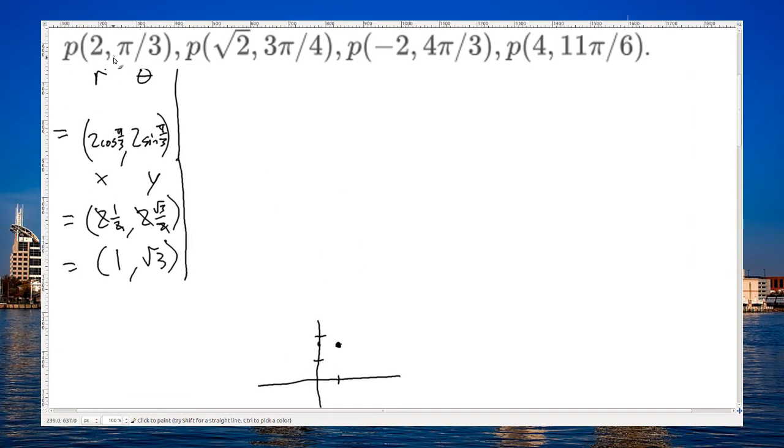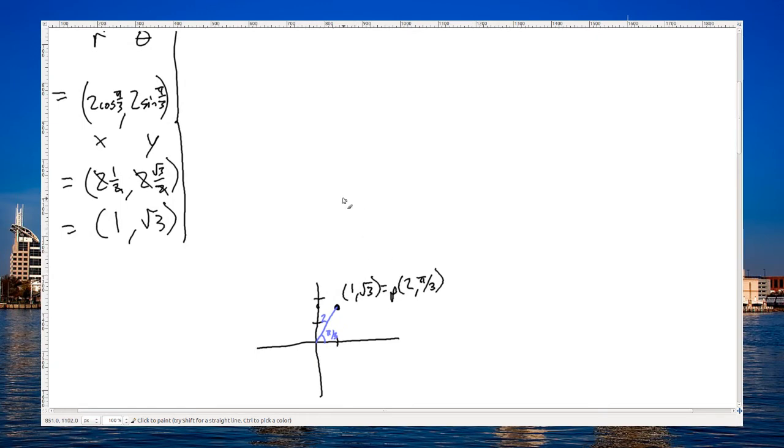But remember, you can also think of this as rotating through the angle pi over 3, which is 60 degrees, and going out 2 units. So we have the xy coordinate 1, root 3 equals the polar coordinate 2, pi over 3.